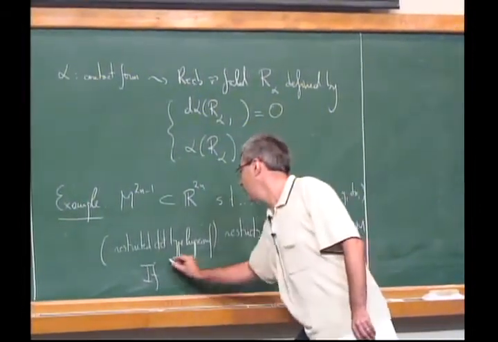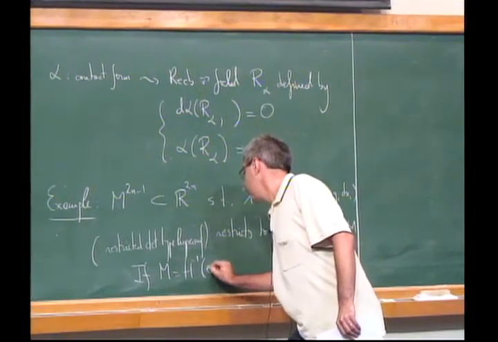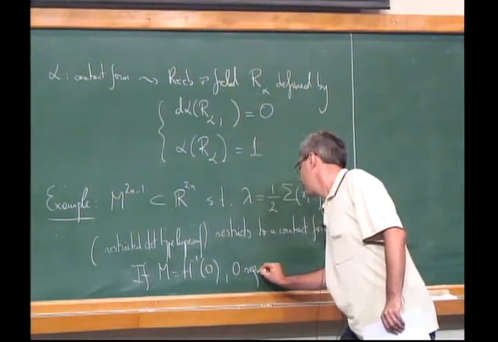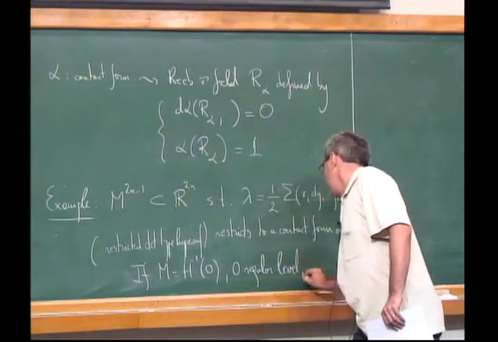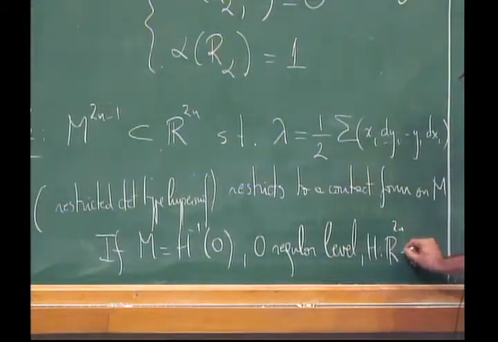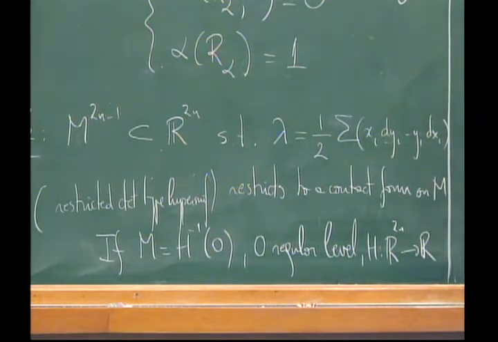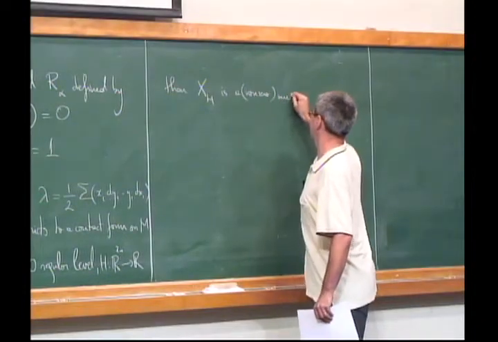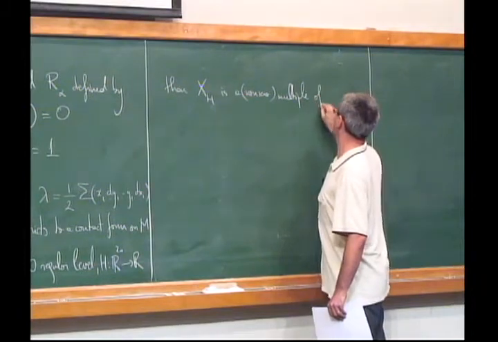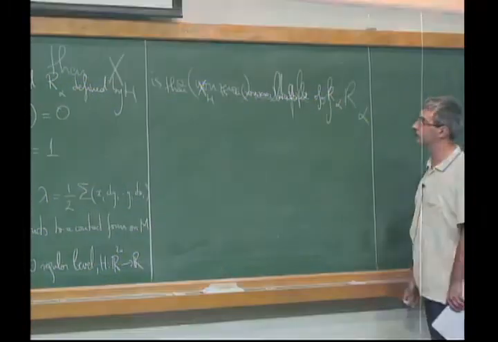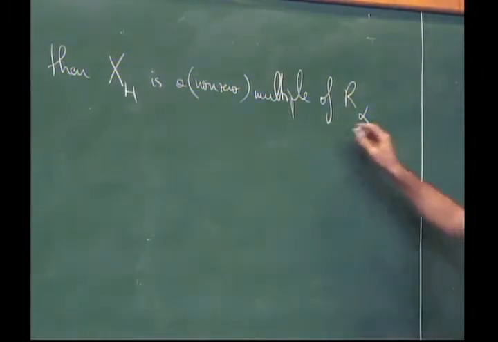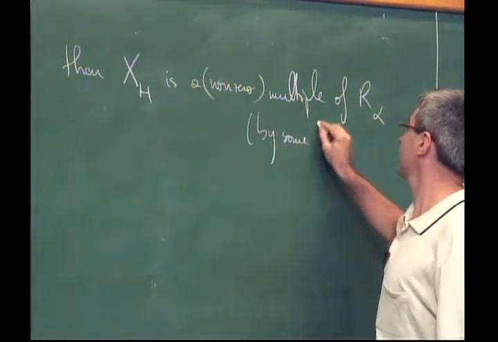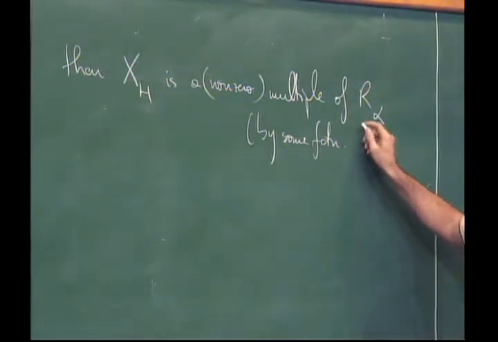If M is, say, H inverse of 0, with 0 a regular level, and this H being some function on R^2n with values in R, then you can check that X_H is going to be a non-zero multiple of R alpha, by some function, say, f.